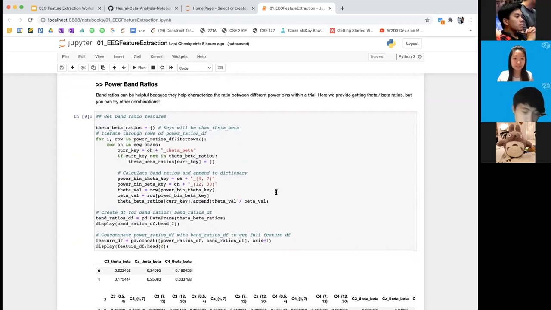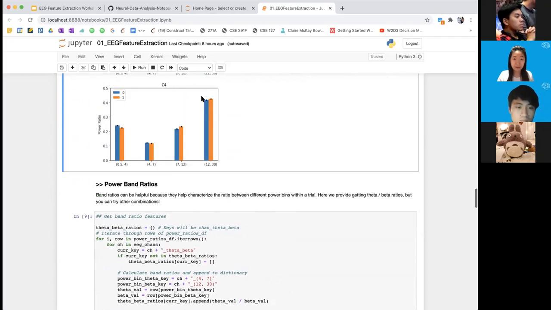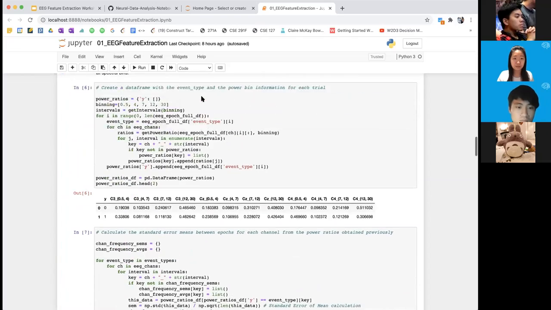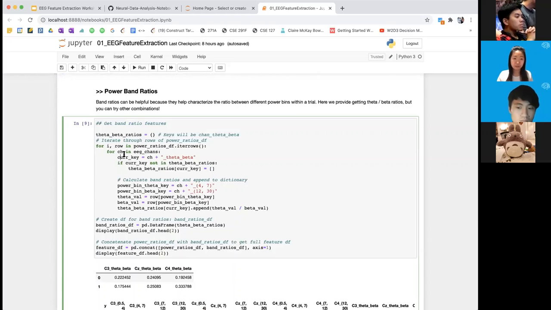Power band ratios. This is very similar to the power bins that we calculated, because we go through each channel again. Well, this one goes through all of the power ratios that we calculated and tries to find the ratio between the theta and beta power for each of the channels.